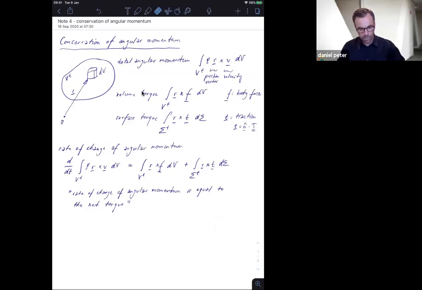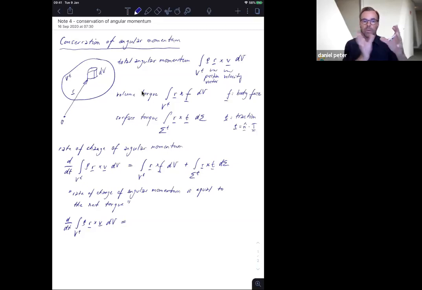Let me get rid of that. So let us rewrite a bit the rate of change of angular momentum on the left side here. So this d/dt of the volume integral r times v. Let's take that derivative inside, like we saw last time in conservation laws.